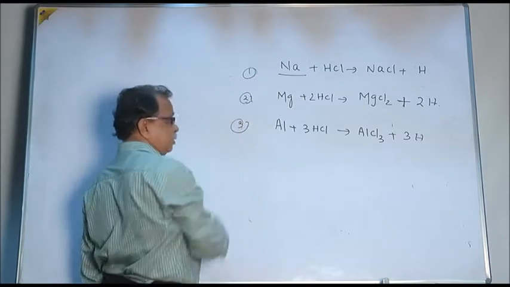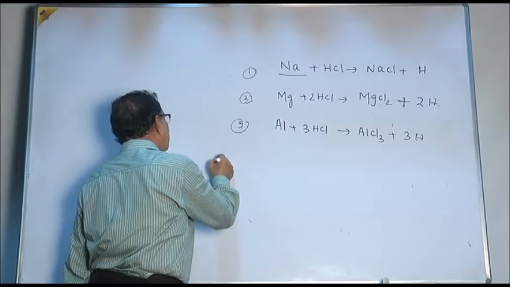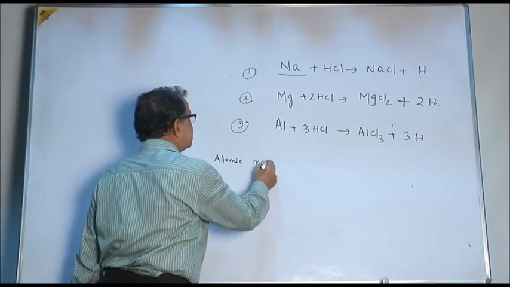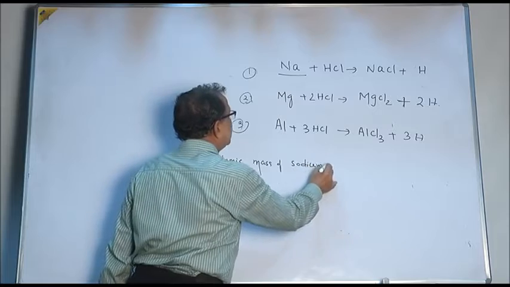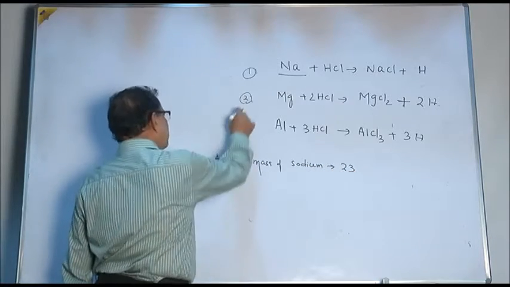In case of 1, sodium, we know the atomic mass of sodium is 23. We will do magnesium afterwards.